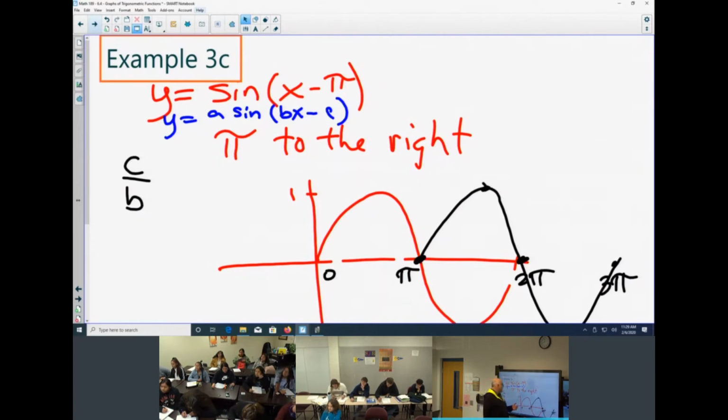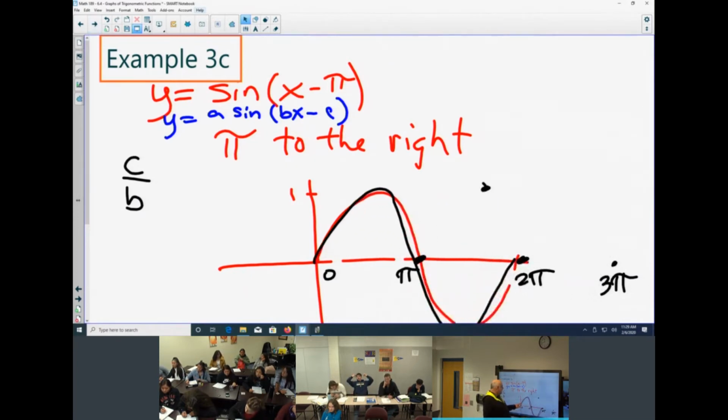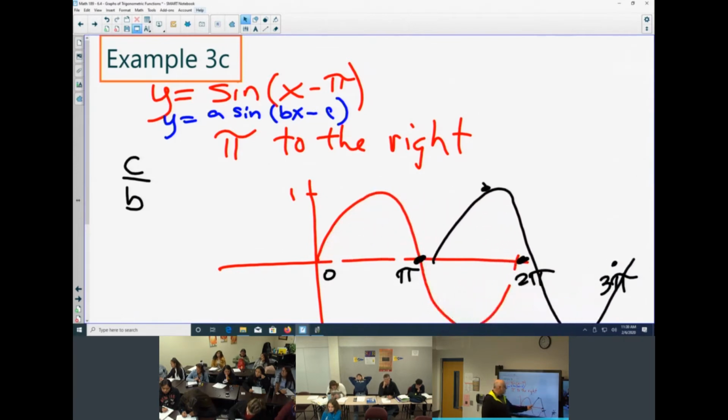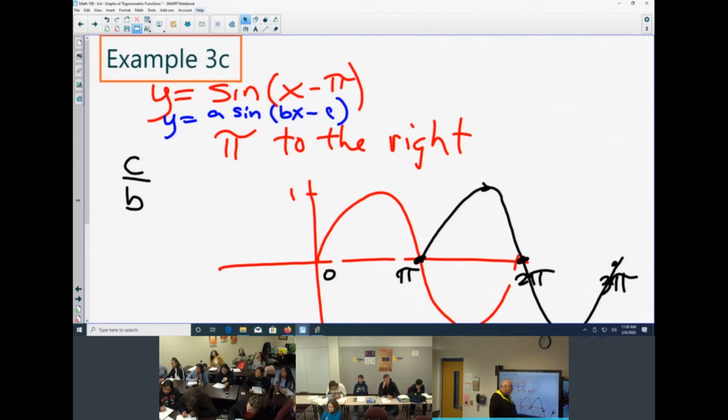So how do you do that? Well, I have an advantage here on the smartboard, because I can just do my regular graph of the sine, and then move it to the right pi units. You don't get to drag and drop unless you have a tablet you're taking notes on, but you just have to imagine.